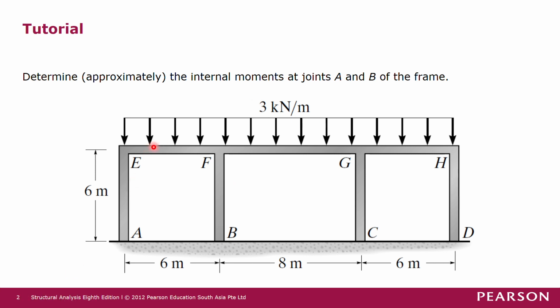To begin, we use the 3 assumptions that we make for the analysis of frames using the approximate analysis. First of all, the hinges, or zero moment points, or the inflection points, occur at 0.1 L from the supports on each of the segments of the girder.